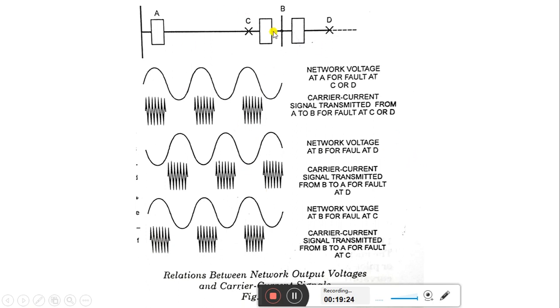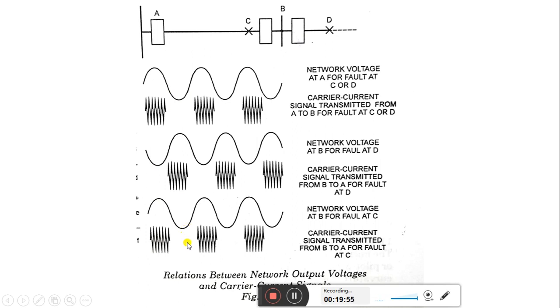But if the fault is at point C, compared to the first waveforms and the last waveforms, for the positive cycle current is transmitted here, and here also for the positive cycle current is transmitted. But for the negative cycle there is no transmission of current here, and here also for this negative voltage there is no transmission of current.